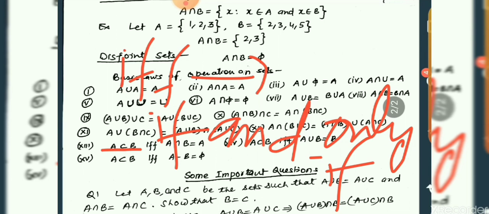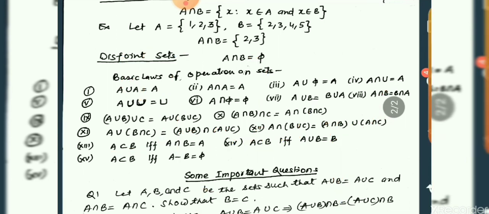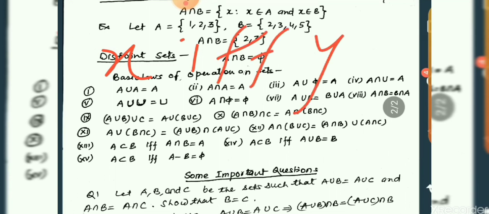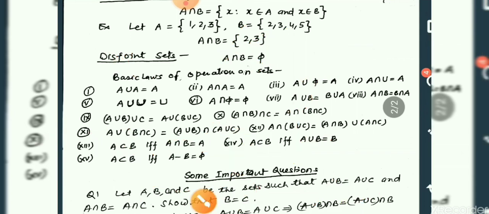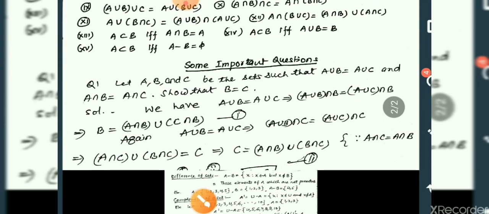If we write X if and only if Y, then it means X implies Y and Y implies X, means it will be true in both sides. Means if X is there, then Y will be there, and vice versa, if Y is there, then X will be there. So these are certain basic laws.